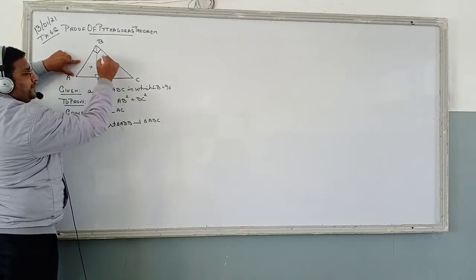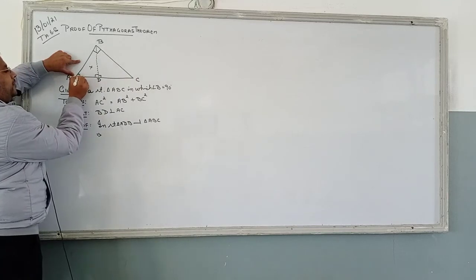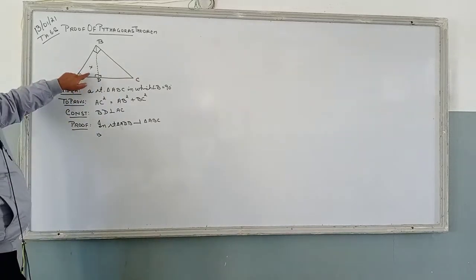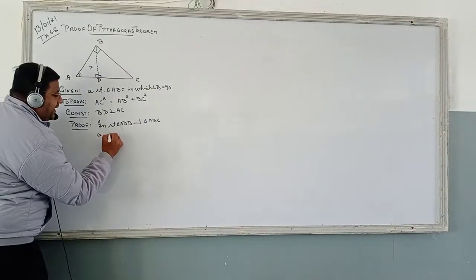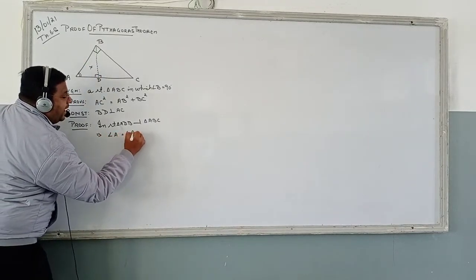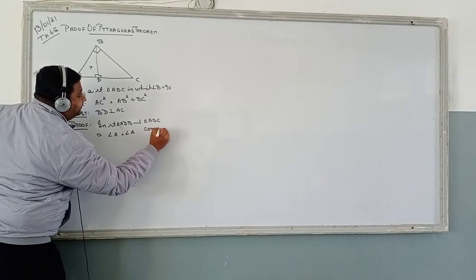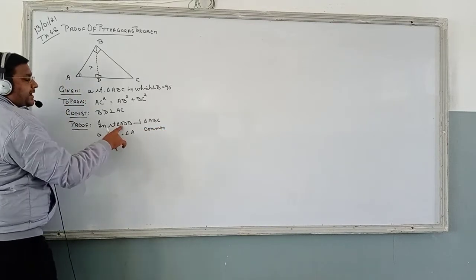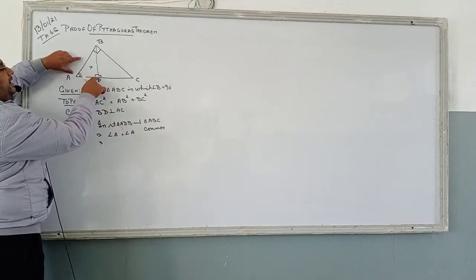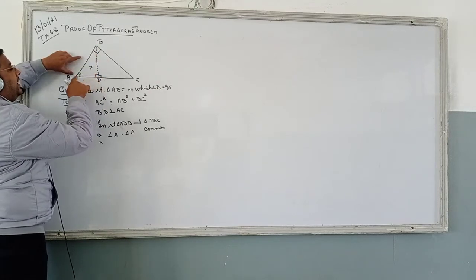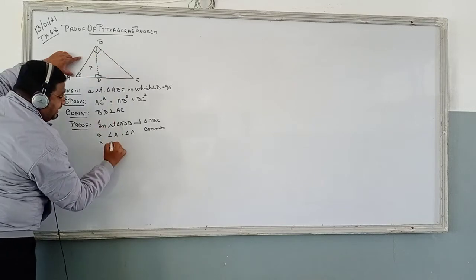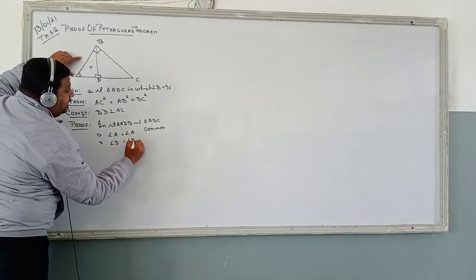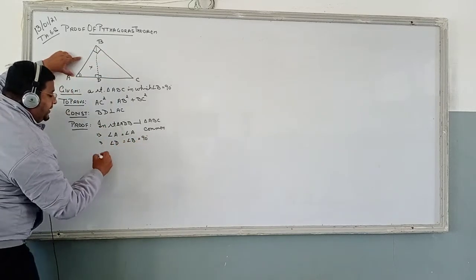Can you see angle A is common? This angle A is part of the smaller one as well as the bigger one. So angle A equals angle A, that is common. And in the smaller triangle ADB, this angle is 90, and in the bigger triangle ABC, angle B is 90. So angle D equals angle B equals 90.